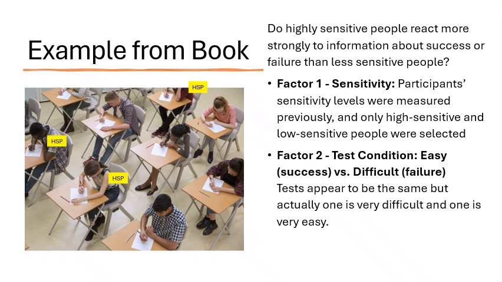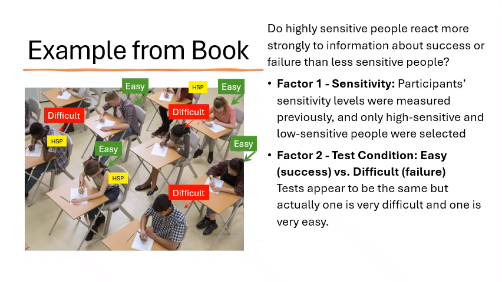Maybe these were all high sensitive people, and we had low sensitive people in the others. And the test condition is that people received either an easy or a difficult test. The tests appear to be the same, but actually one version is very difficult and one is very easy.